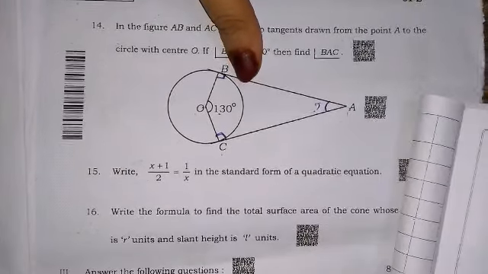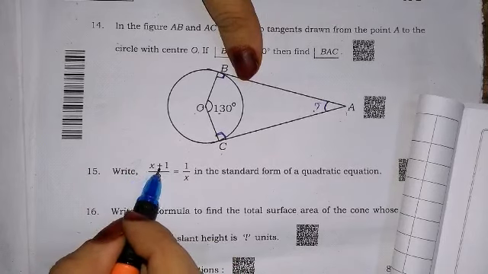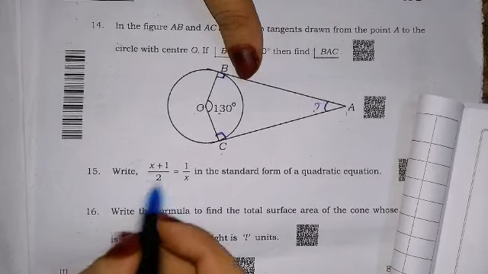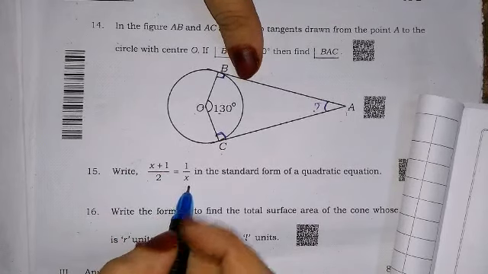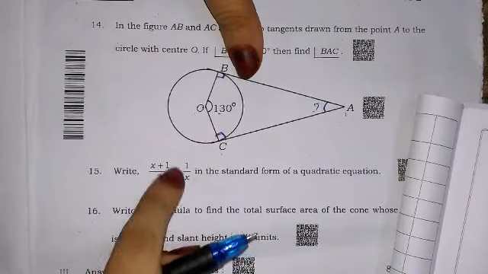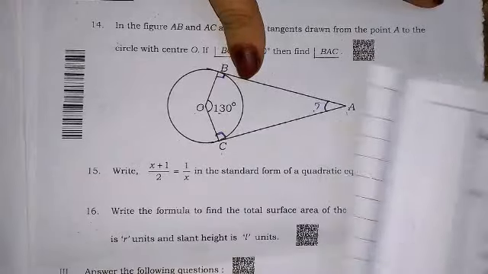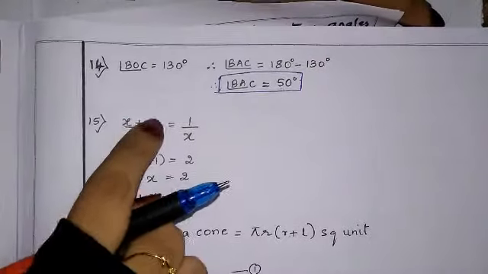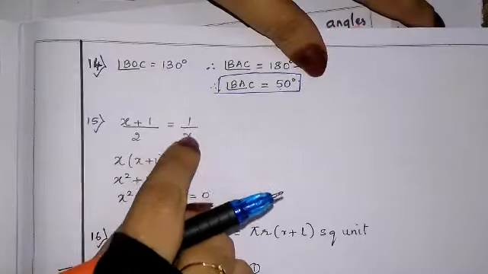Now the next question: write x plus 1 upon 2 is equal to 1 upon x in the standard form of a quadratic equation. How will we write? x plus 1 by 2 is equal to 1 by x.